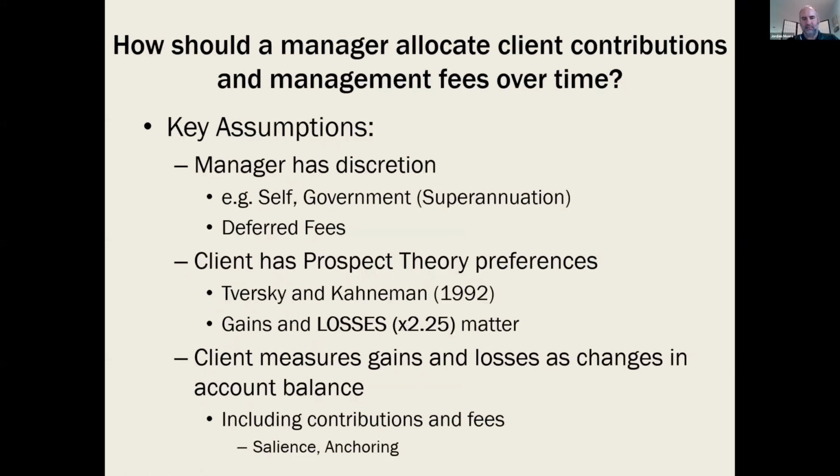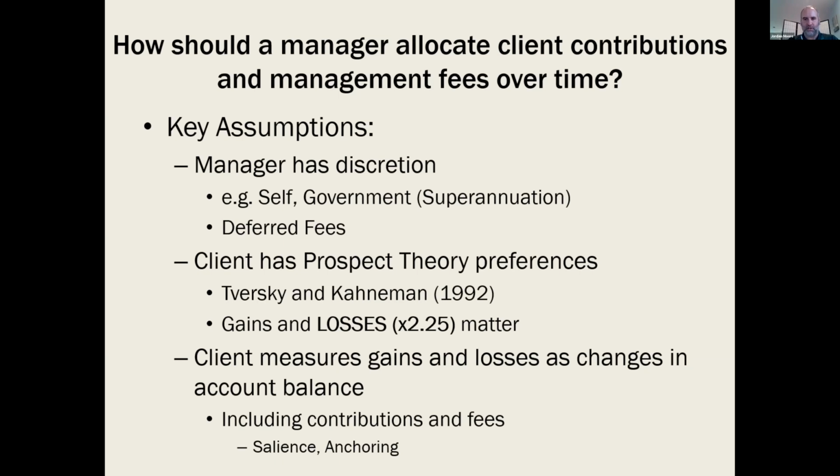I want to talk a little bit about the underlying assumptions of the theory paper that I've written. One key assumption is that the manager has the discretion to actually charge fees at certain times rather than charging a fixed fee each month or quarter. This is applicable not only to self-managed accounts, but possibly also to government-regulated accounts, for example, the gigantic superannuation system in Australia.